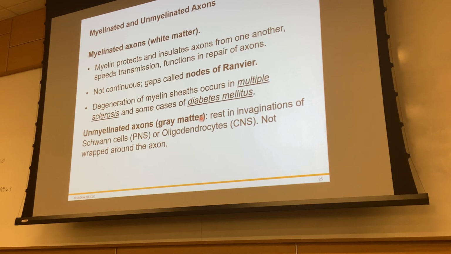Those gray matter axons lack the wrapping, and they send action potentials in a continuous, slow way. So rapid saltatory action potentials are sent by white matter or myelinated axons. Slow, continuous action potentials are sent by unmyelinated or gray matter. Okay?